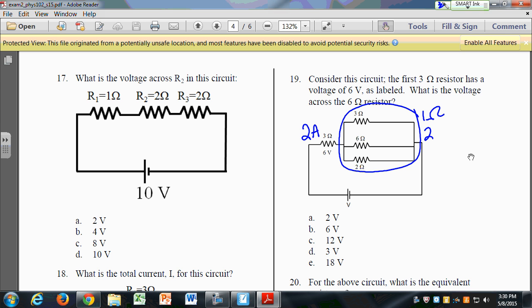I also have 2 amps through it, because those are in series, so they have the same current. The voltage here would be I times R, which is 2 volts. So I have 6 volts here, 2 volts here, which means I have 8 volts there. You'll see some questions like that, where I provide you with a voltage or current on one of the resistors and ask you about one of the other voltages or currents, either on the battery or elsewhere. You sort of have to work backwards on those.